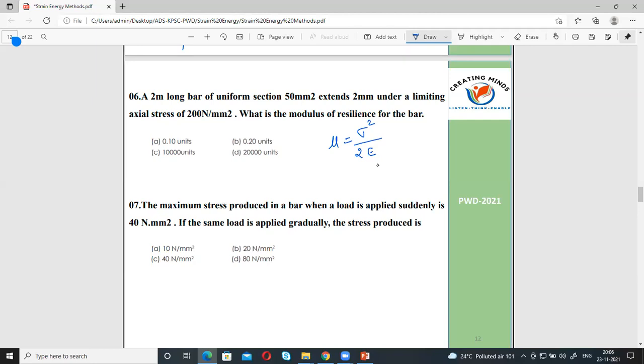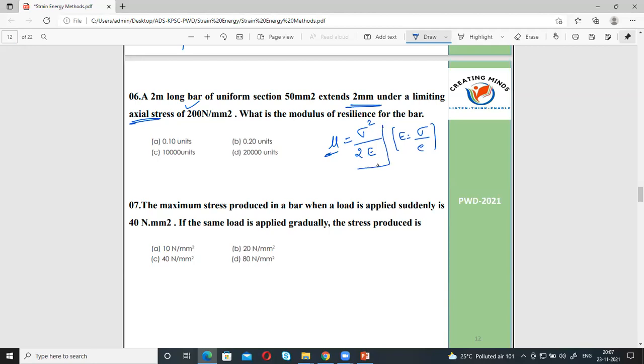Stress is known, but we don't know the E value. How to compute E? Stress by strain. You have to think: compute the E value and substitute.